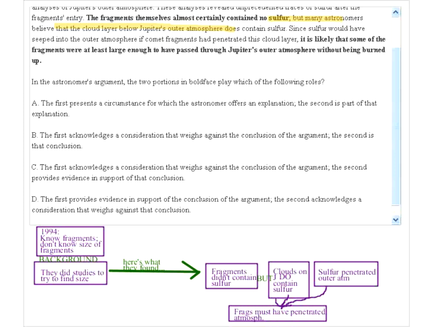Now, this is an extremely difficult passage to follow, but notice there's a pattern here, and this does follow the usual pattern of scientific reasoning. If they describe a scientific experiment, you've got findings of the experiment. Therefore, they make a hypothesis.